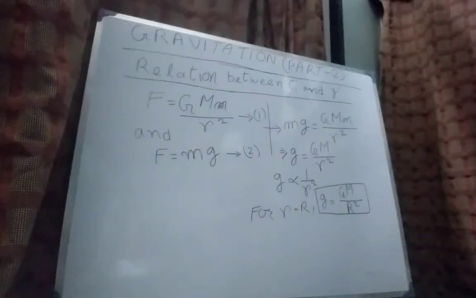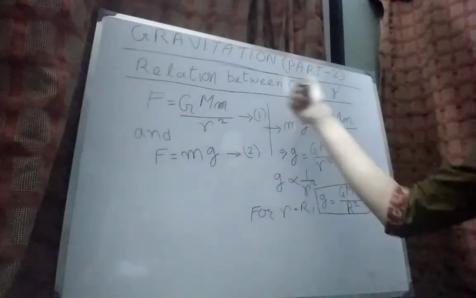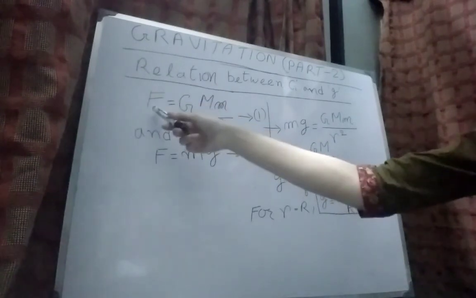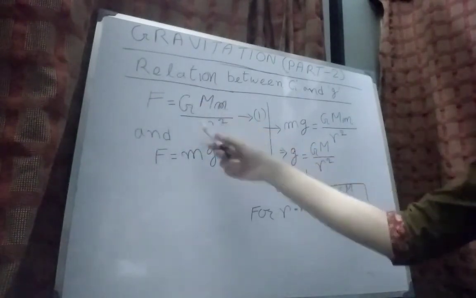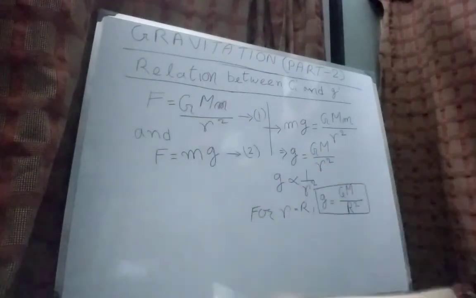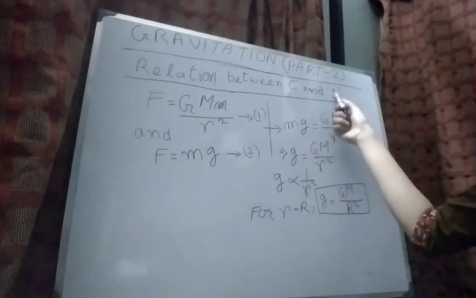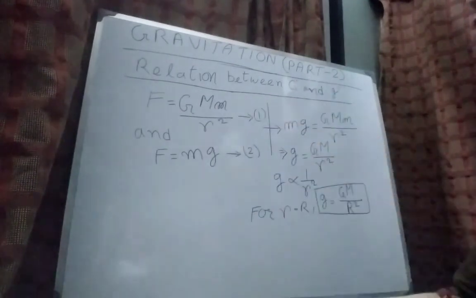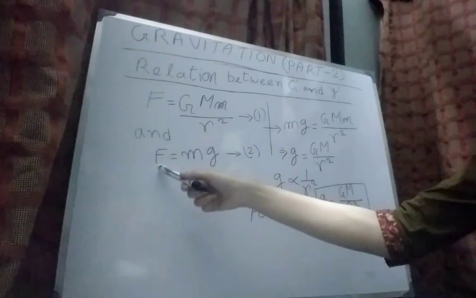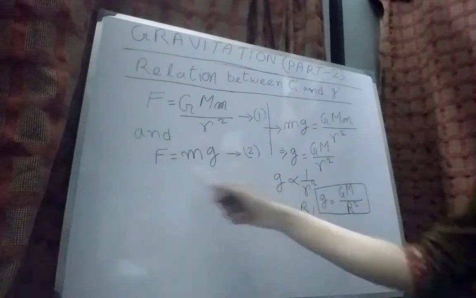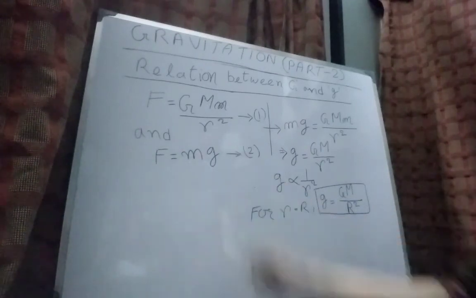Now we will discuss the relation between capital G and small g. As we know, F equals G M m by r squared, where G is the gravitational constant, and small g is the acceleration due to gravity. And from Newton's second law, we can say that F equals m g, where m is mass and g is acceleration. So force equals mass into acceleration.